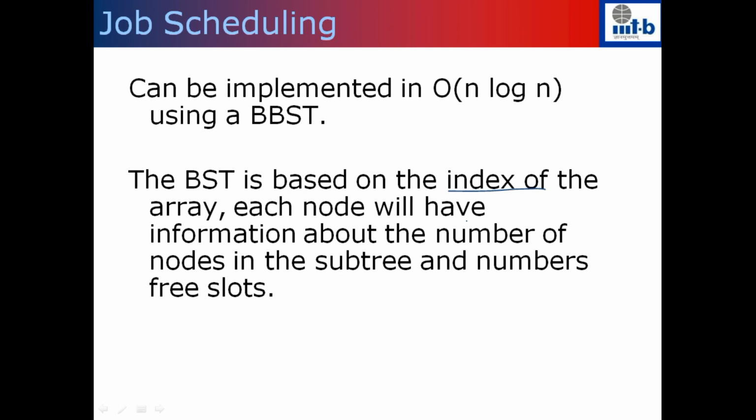So the entire algorithm turns out to be n log n. I will leave it as homework to figure out how to write the algorithm, using the details of the balanced binary search tree, so that you can implement this in n log n.